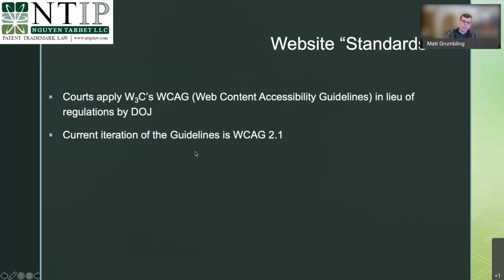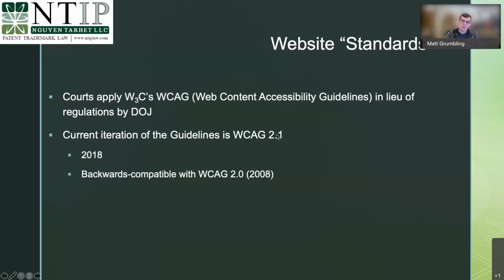So the current iteration of the guidelines is WCAG 2.1. It's been in force since 2018. What it does is expand on the previous version of the WCAG. You can tell these are computer individuals doing this because they use that main number dot extension type of numbering in order to differentiate their various versions.